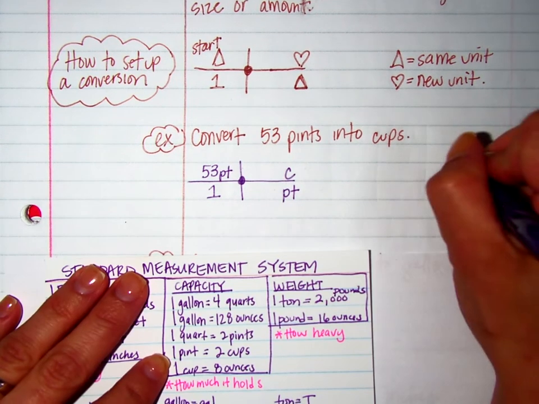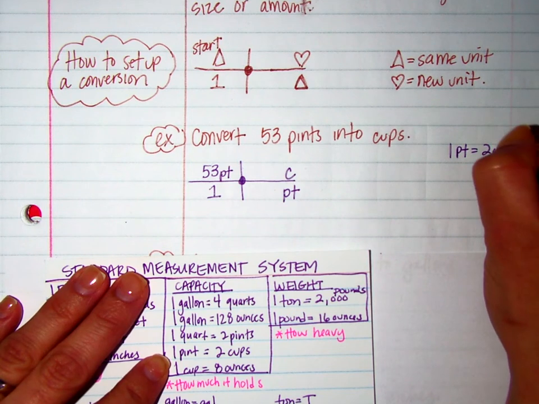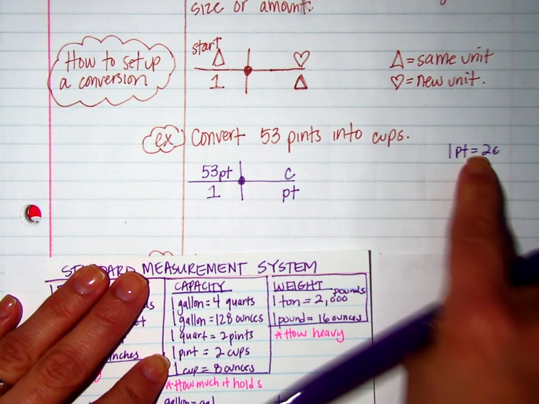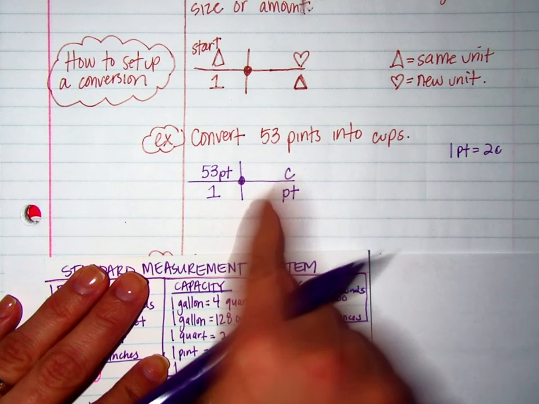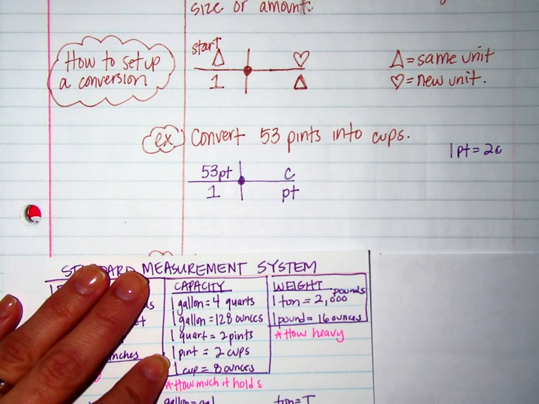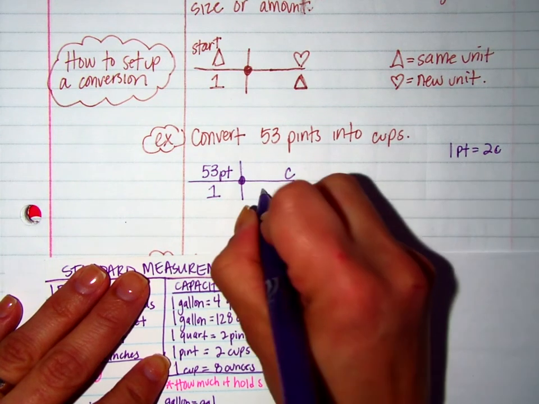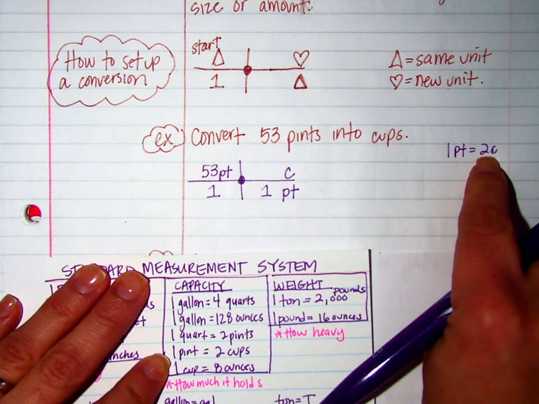So 1 pint equals 2 cups, okay? And I'm going to use this information and put it in here in the correct spots. You have to be careful. If you put the numbers in the wrong spots, then you're going to end up getting the wrong answer. So we're going to put the number 1 for pint and the number 2 for cup. Okay?